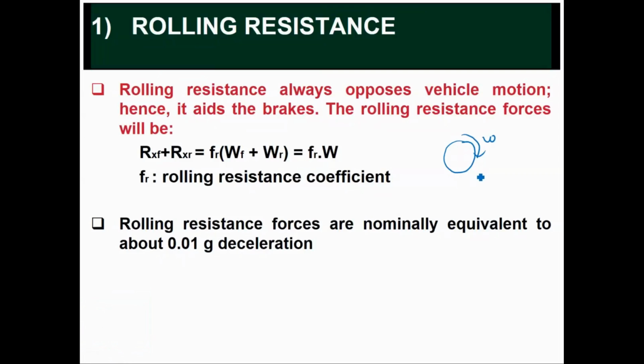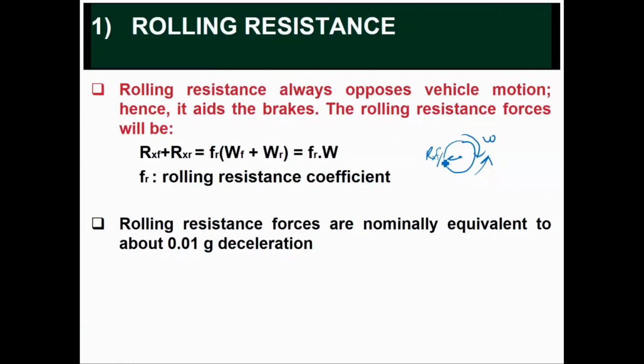Dia mesti ada force yang dia always opposes the vehicle motion. Di sebelah sini lah. Okay. And then biasanya rolling resistance ada pada tayar sini. Kat sini.